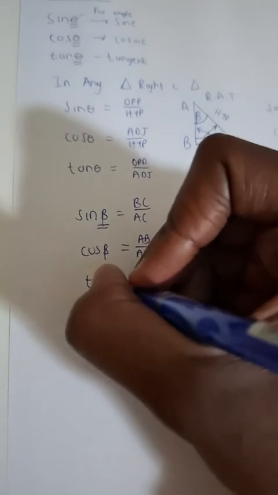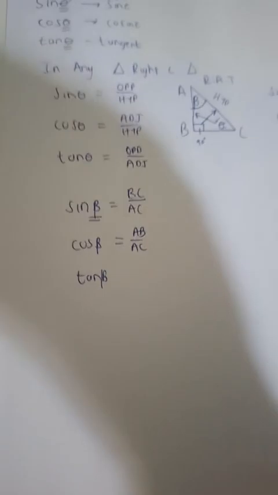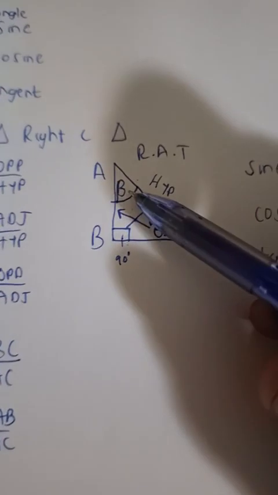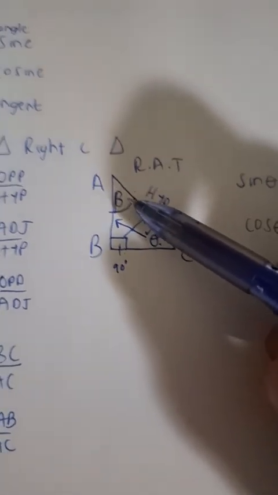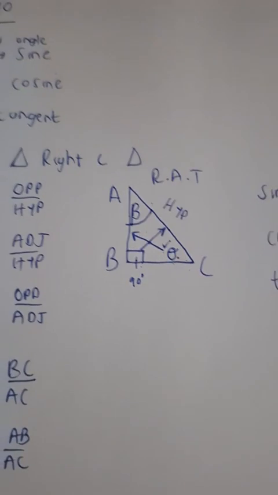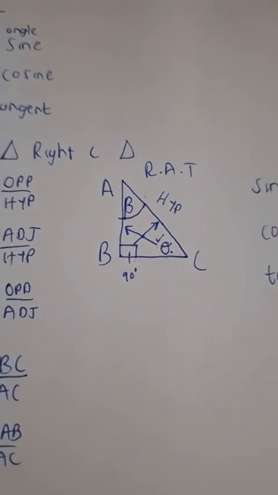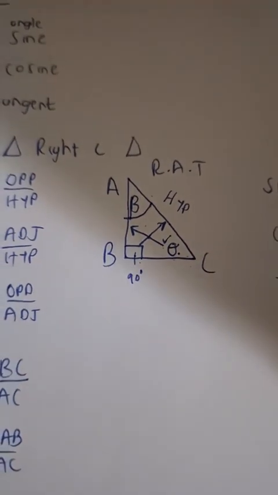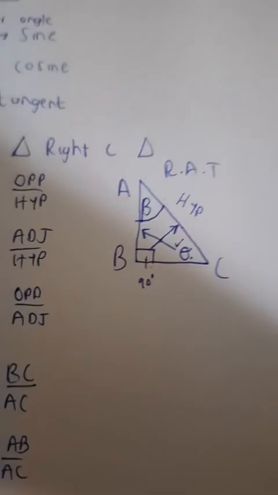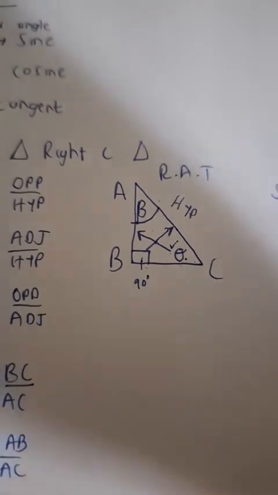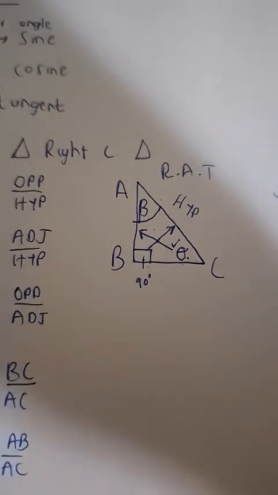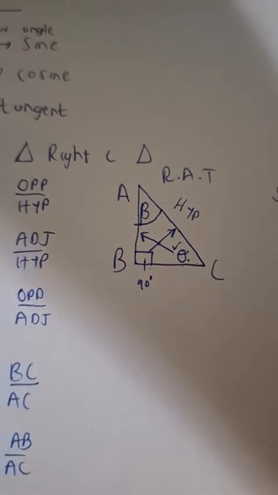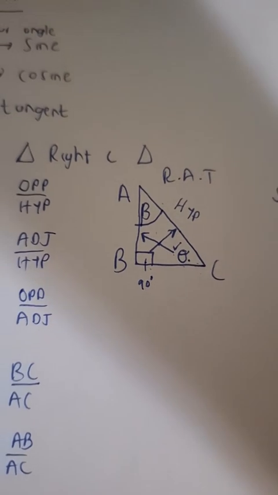And then last but not least, what would be tan of angle beta? Let's check if people are with us where this is concerned. What would be tan of angle beta, my amazing maths gamers? Okay, Precious is saying BC over AC.